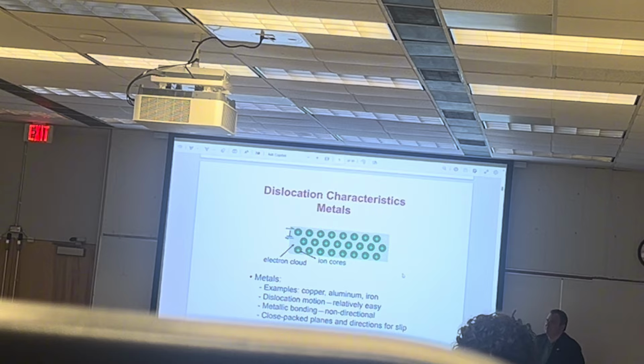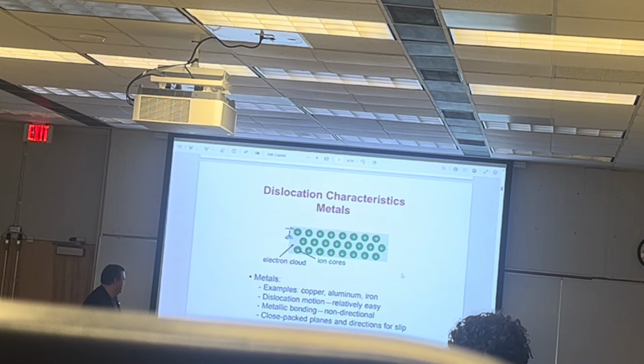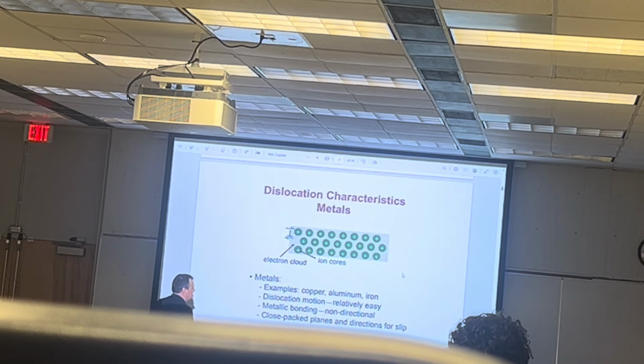And the dislocation motion in metals is very easy because bonding in metals is non-directional. What does that mean? Non-directional bonding. It's the same in all directions. And because they're close-packed planes, and also directions for slip.